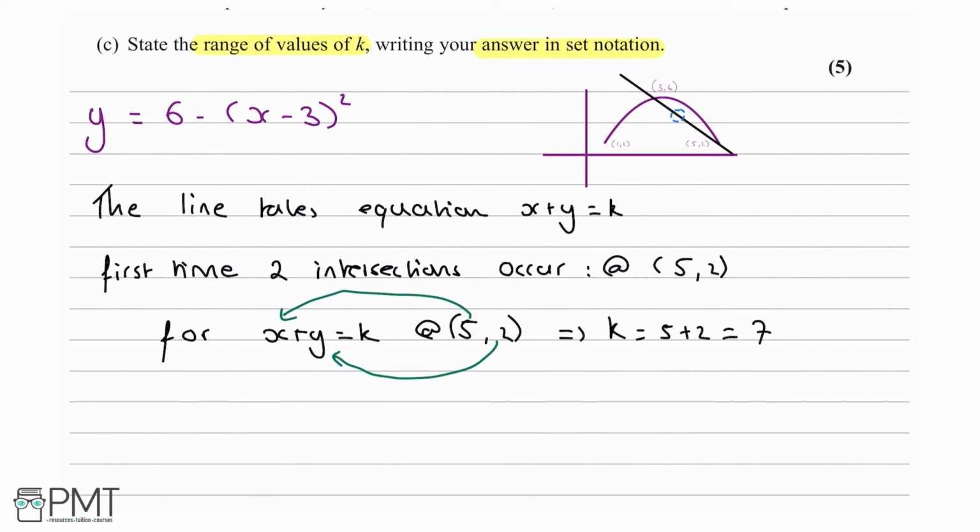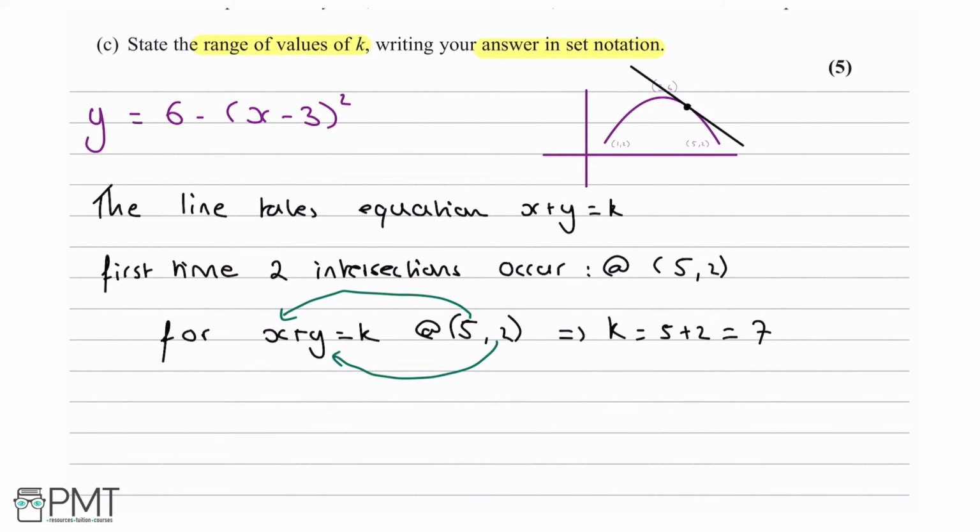Okay, to find our upper value for k for when the intersection between C and our line x plus y equals k has 2 points, we need to see the last value for k that would enable this. So if we keep moving our line up, we will reach eventually this point over here.